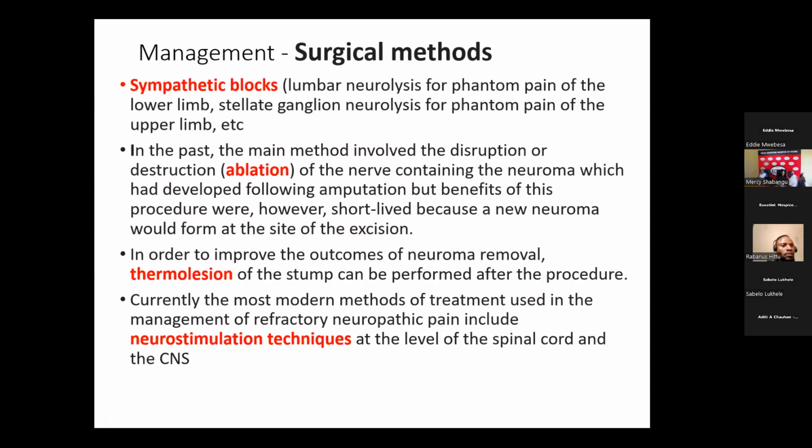Surgically, sympathetic blocks and other nerve blocks are very useful. The challenge with some of these methods is sometimes after surgery, neuromas form. Neuromas are small swellings that occur at the ends of nerves, or sometimes occurring at the nerve junctions and at the synapses.